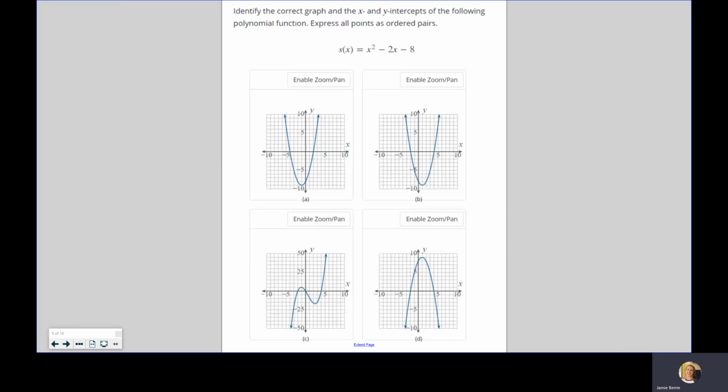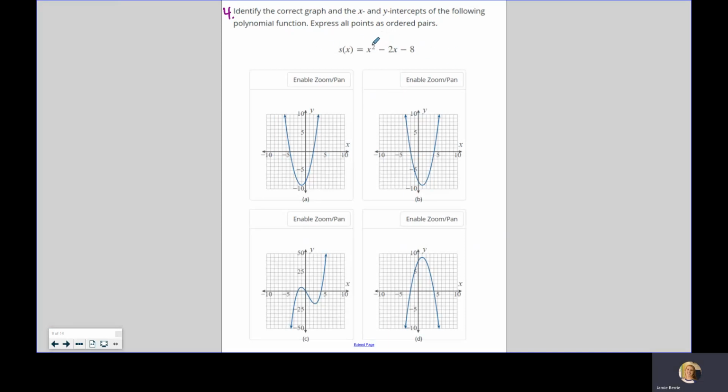Let's look at number 4. This one says, identify the correct graph and the x and y intercepts of the polynomial function. Express all points as ordered pairs. All right, so here we have a polynomial s of x equals x squared minus 2x minus 8.